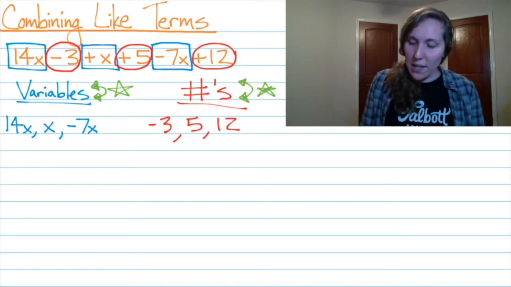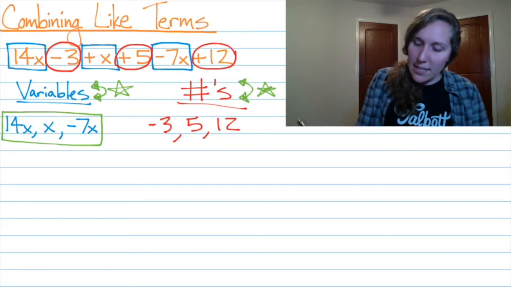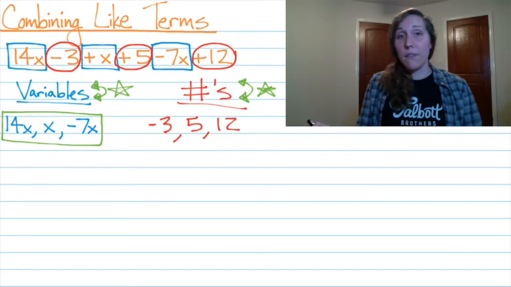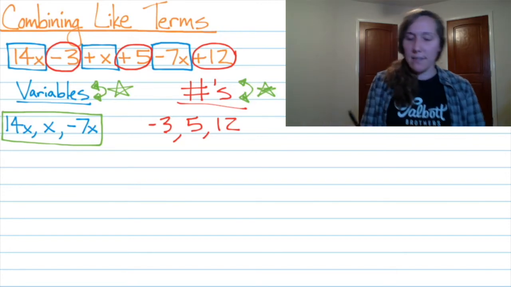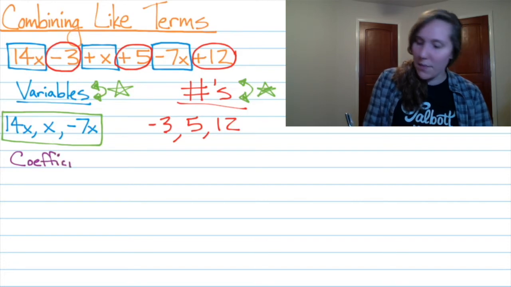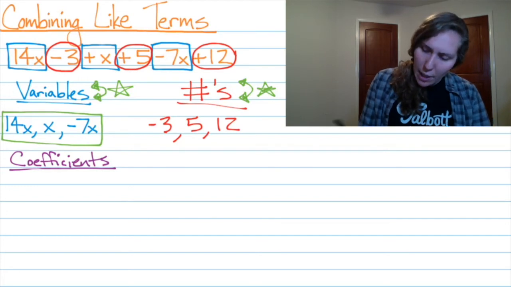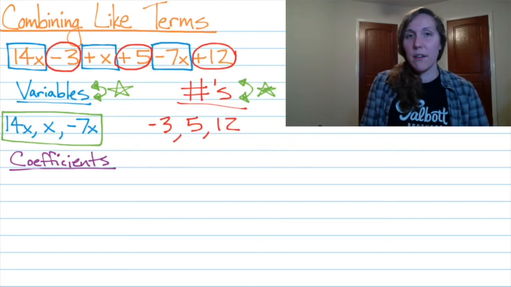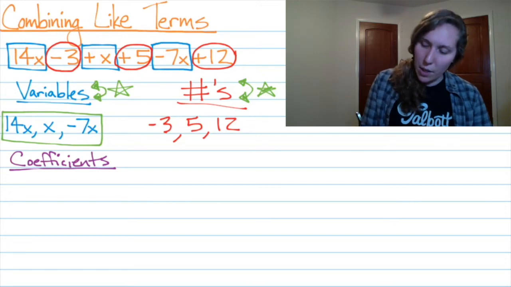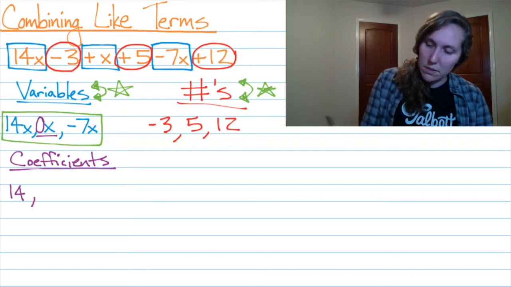And then if you run into terms like this, let's say we were going to combine all of these variable terms together. There are these things that live in front of variables called coefficients. It's another fancy word. We have some very fancy words in math, my friends. Coefficients are just the numbers that are in front of the variables. So here, the coefficient of this first one is 14. What's the coefficient in front of this one if there's nothing? It's not a 0.